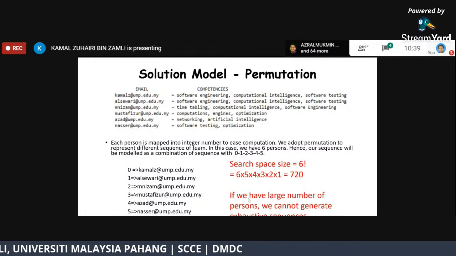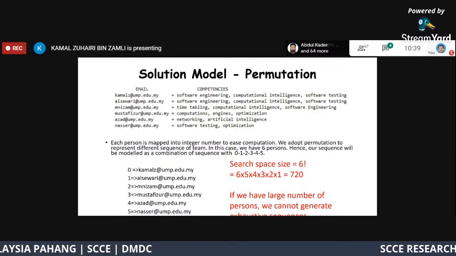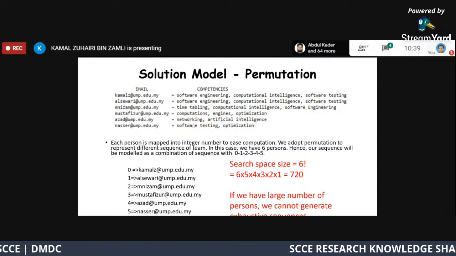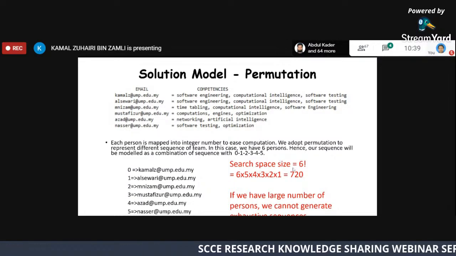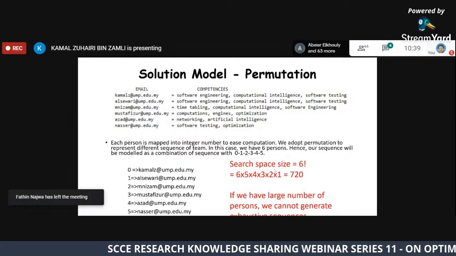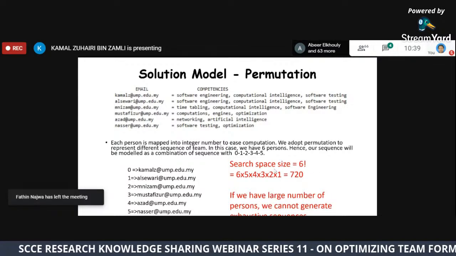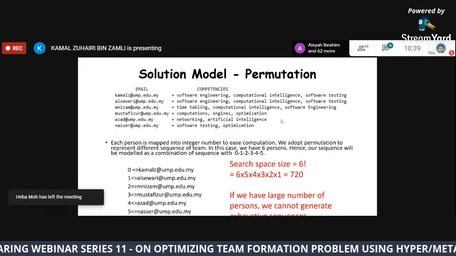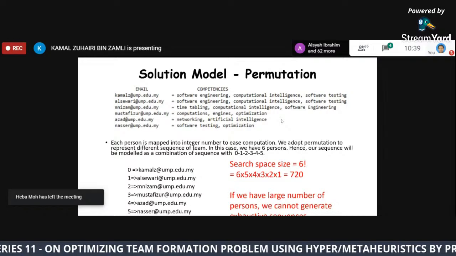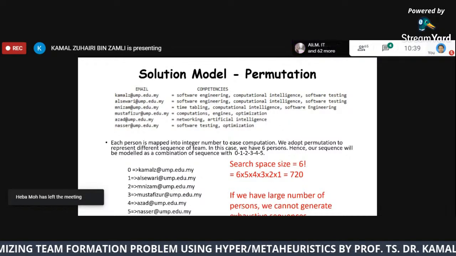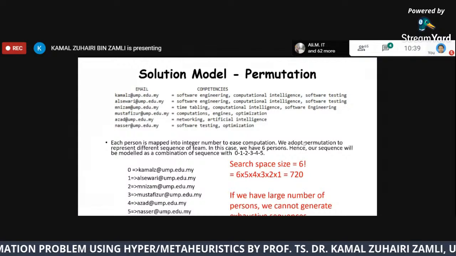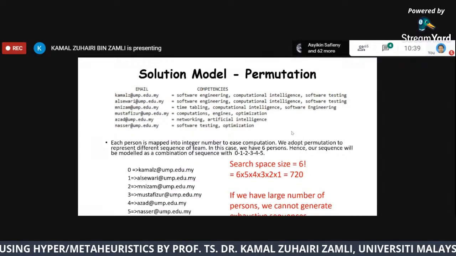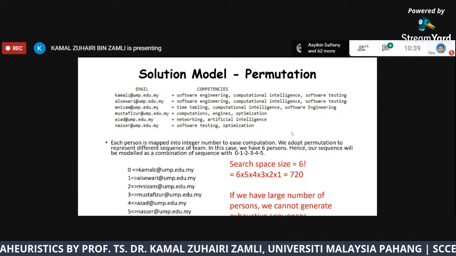When the number is large, we cannot generate exhaustive sequences. If you have 6, we have 720 possible permutations of a team. If you have, let's say, 10, it will be 10 factorial, and for 20 people, 20 factorial. So you cannot generate exhaustive sequences, and you cannot search each sequence exhaustively to find the best solution.